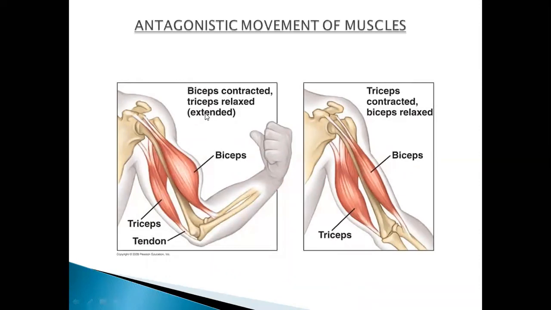It is called extension for the triceps, and for the biceps it is called flexion. And here, what is flexion? Now tell me, in this diagram that I'm highlighting with this arrow, the biceps at this point is flexed. What type of movement is here? Flexion or extension?